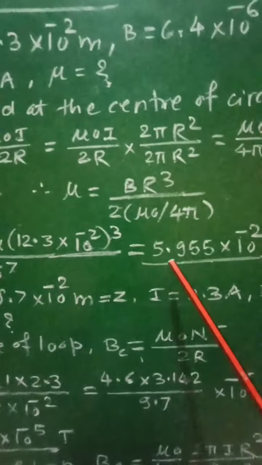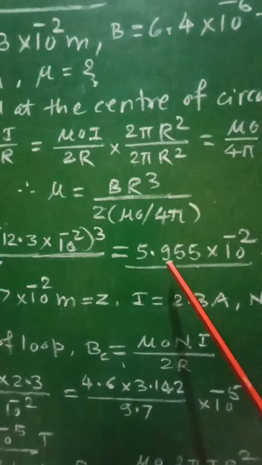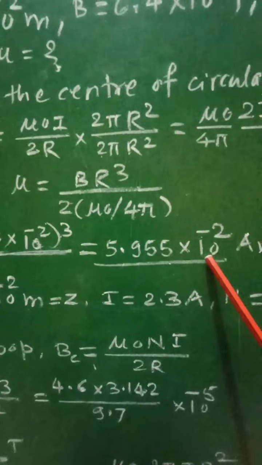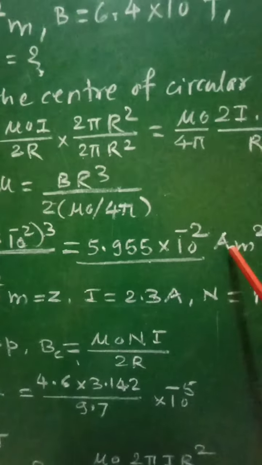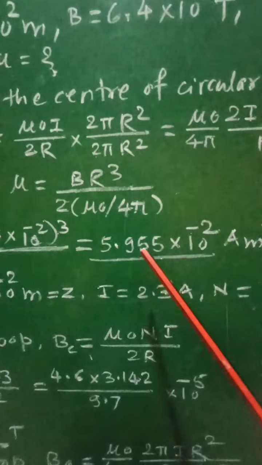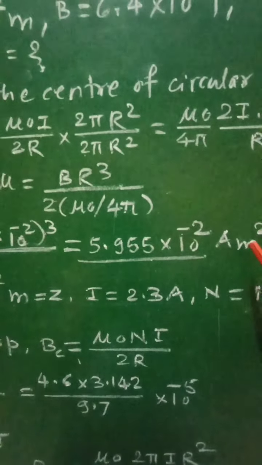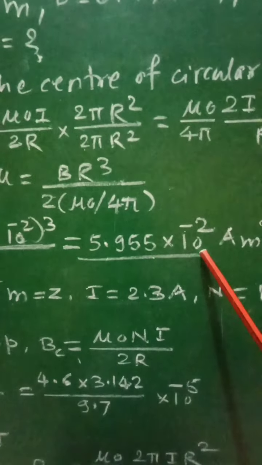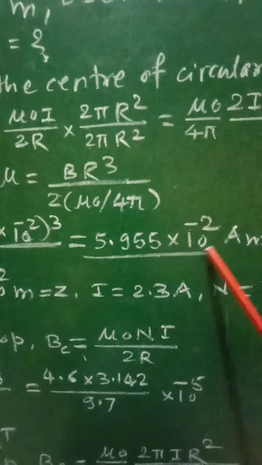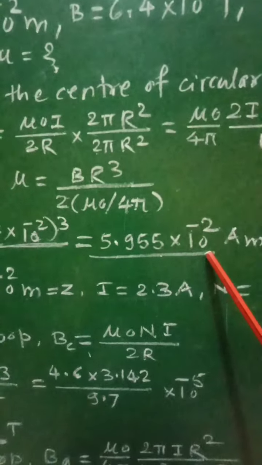That will be equal to 5.955 into 10 raised to minus 2 ampere meter square. This will be the required magnetic moment of the given loop.